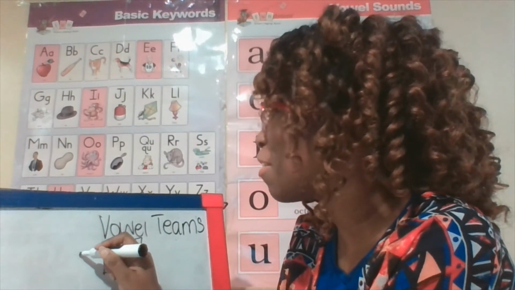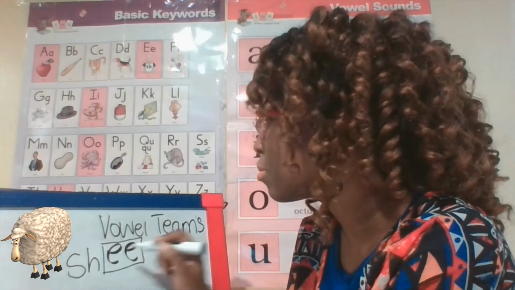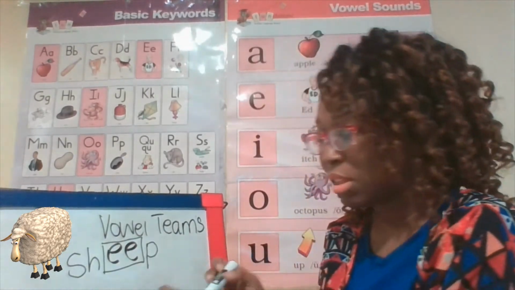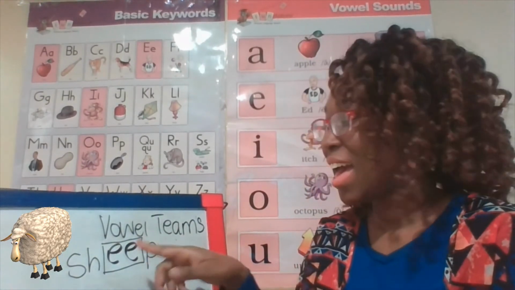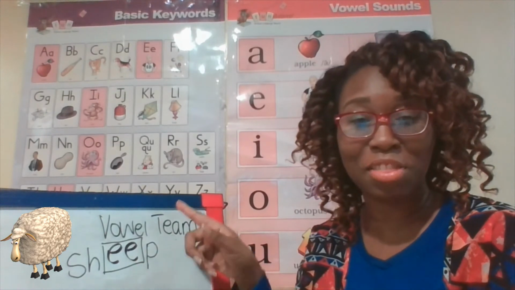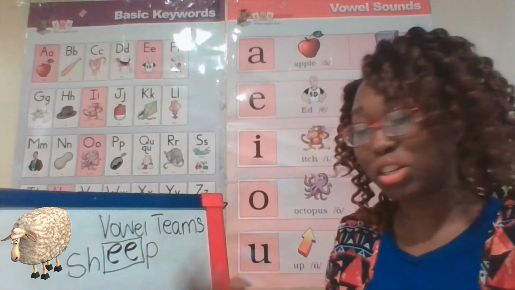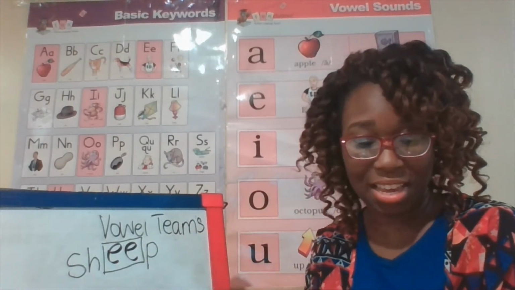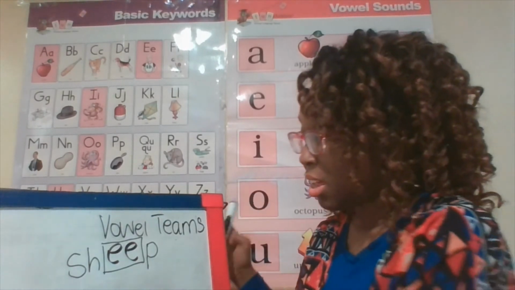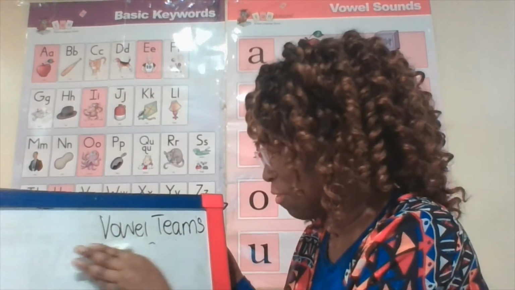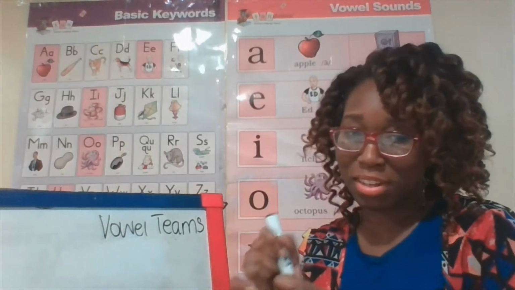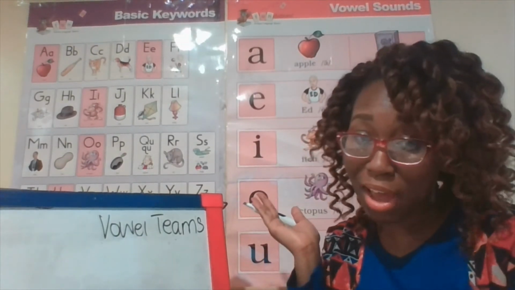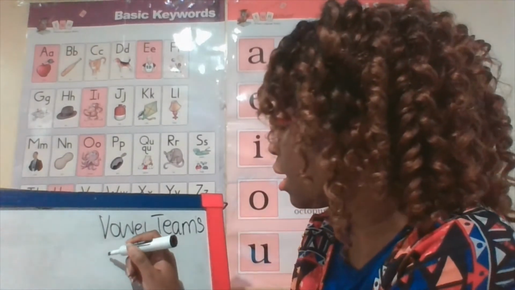But I'm thinking of the word sheep. The word sheep has two E's in it, and those are the vowel team. So the word sheep has the vowel team EE. Wow, you're learning so many vowel teams. There's another vowel team. Think of all the vowels that we have. There must be more. EA.